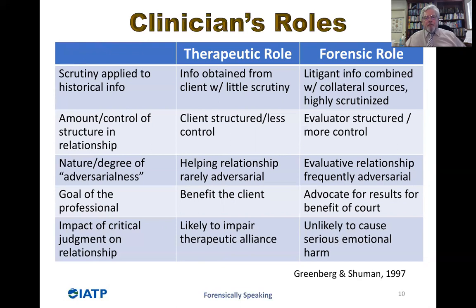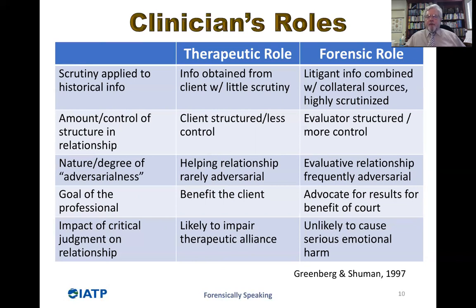The amount and control of the structure in relationship: in the therapeutic role, the client is one who really structures the sessions. And so if the client comes in and says, I'm really, really depressed, then you're going to discover the cause, the etiology of that depression.